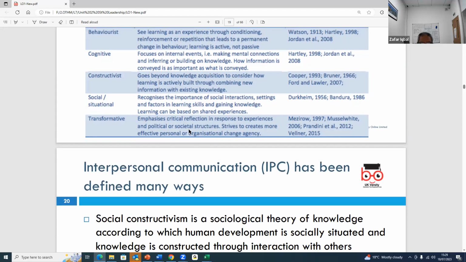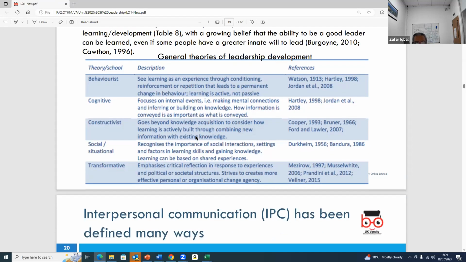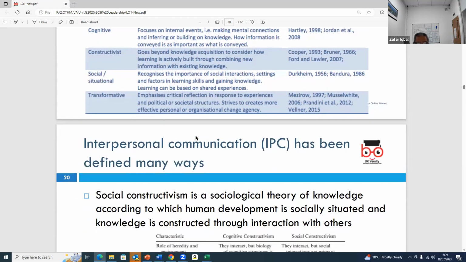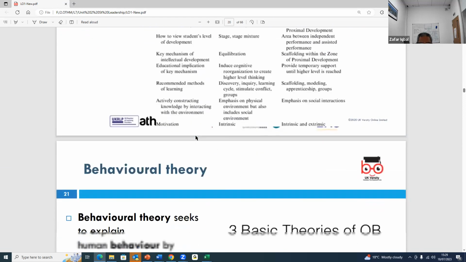So all these theories have different motivations, and they look from a different angle when they look at leadership development. Okay, so they are looking at knowledge, they are looking at human development from a completely different angle, but they are building on each other.